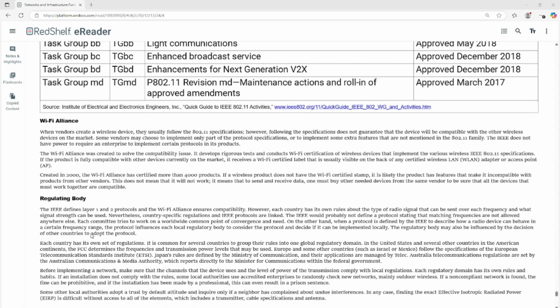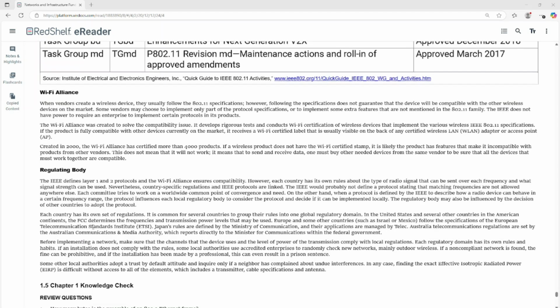Besides that, there are other regulatory bodies. The IEEE defines layer 1 and 2 protocols, and the Wi-Fi Alliance ensures its compatibility. However, other countries also have their own rules about the type of radio signals that can be sent over each frequency and what signal strength can be used.